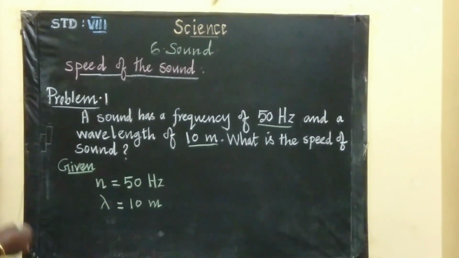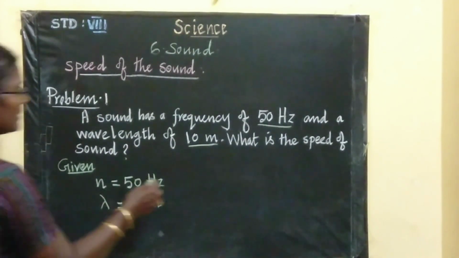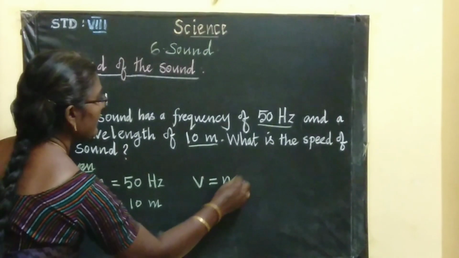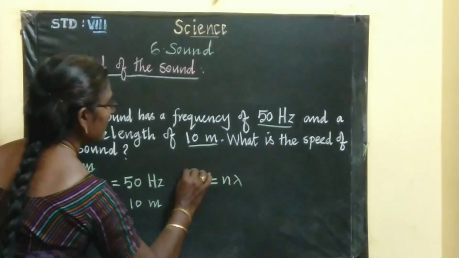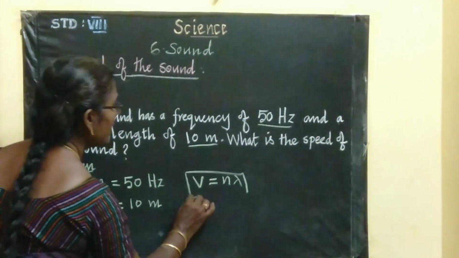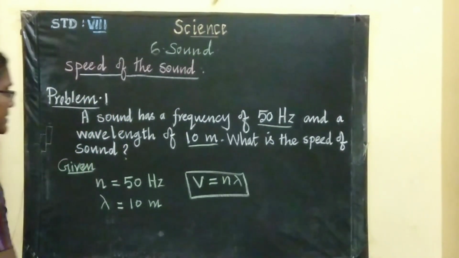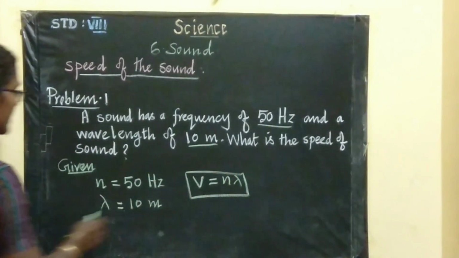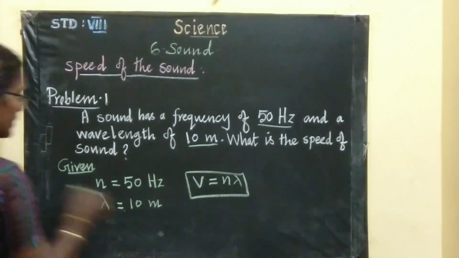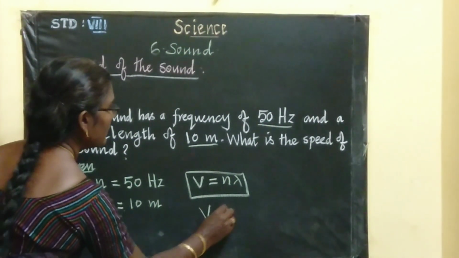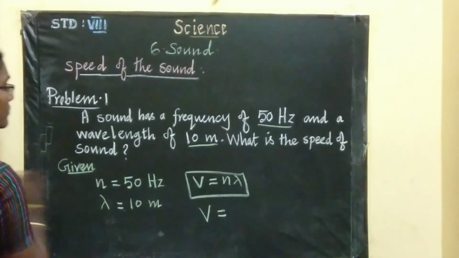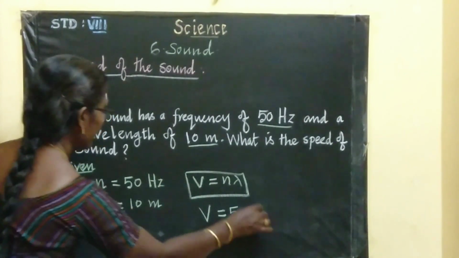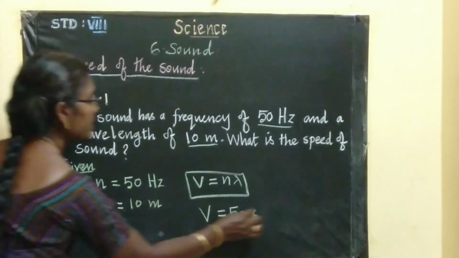We know the expression, that is V = nλ. We can substitute the values of n and lambda in this expression. So V = n is 50 and lambda is 10 meter.